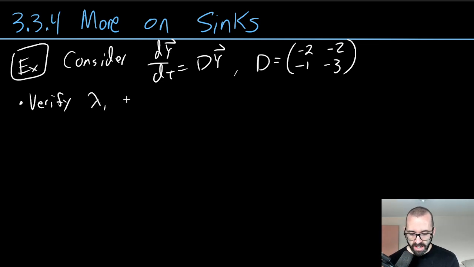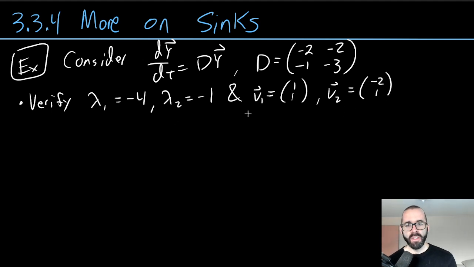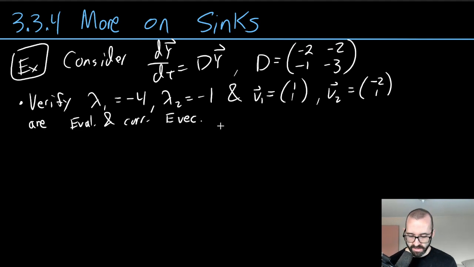Otherwise, verify that these eigenvalues and these eigenvectors, eigenvalue of -4 and -1, eigenvectors of (1, 1) and (-2, 1), are eigenvalues and corresponding eigenvectors.